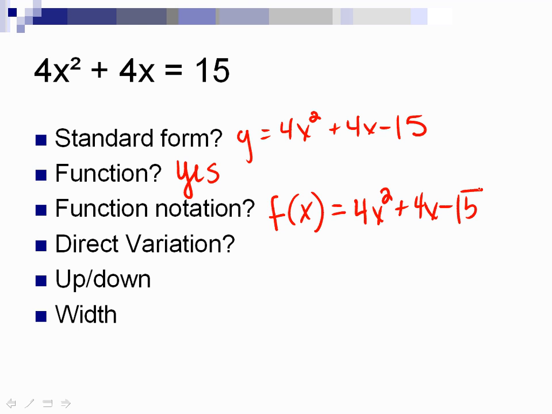Is this direct variation? Yes. Thank you for playing. No, it's not direct variation. Direct variation means it has to pass through 0, 0, but the biggest thing is it has to be a straight line. Is this a line? No. What is it? It's a U shape. In fact, what's that P word?